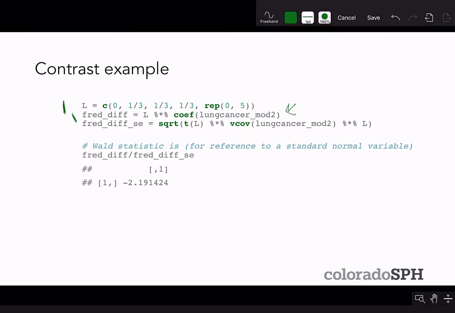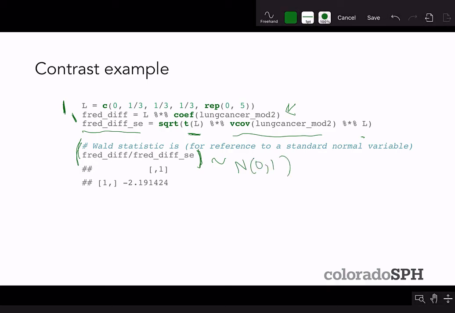Then you can get the covariance matrix of the contrast by multiplying that contrast vector by the covariance matrix of the model, and then again by the contrast vector. This allows you to get a Wald statistic, which is calculated here. In this case, we calculated the standard normal version of the Wald statistic, so this will be distributed normal 0, 1.